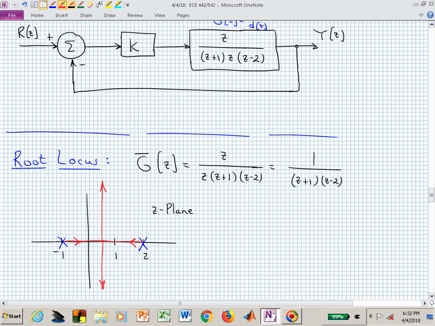Now, on this, can you tell me anything about stability of K? What values of K would result in a stable system, closed loop system?